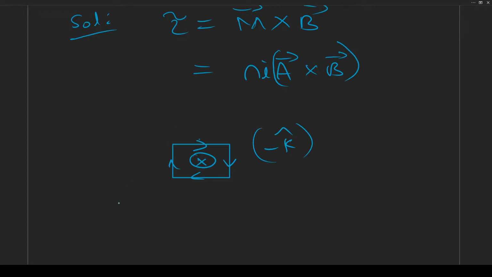So substituting values, we will get tau equal to 10 ampere, since only one turn, into the area vector, which is 10 power minus 4, acting in the minus k cap, cross 2 j cap.